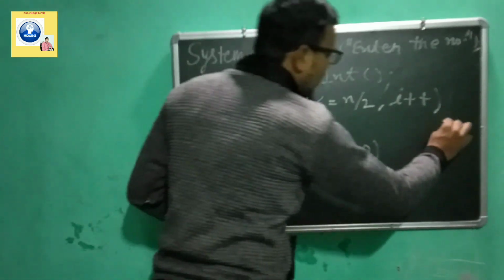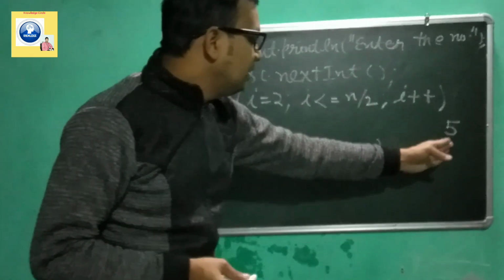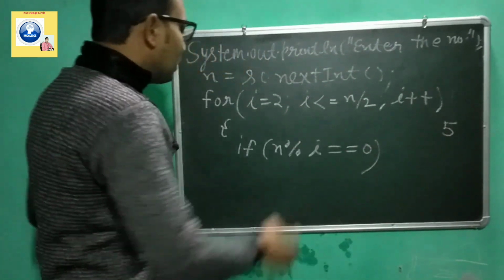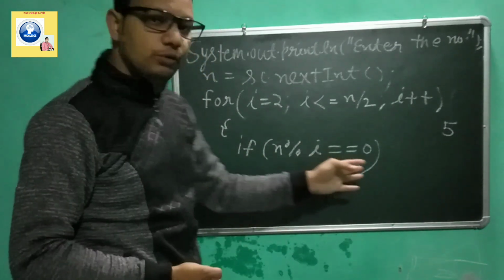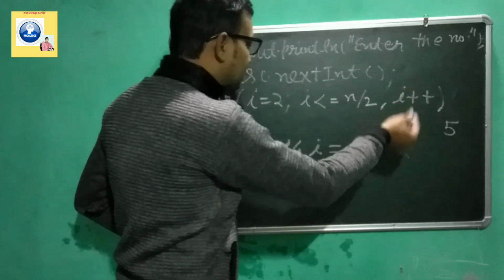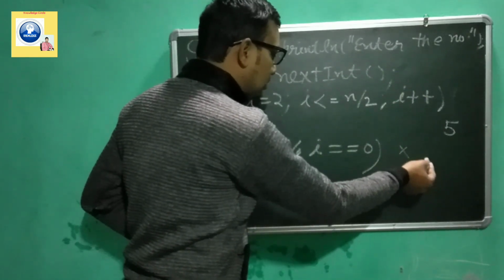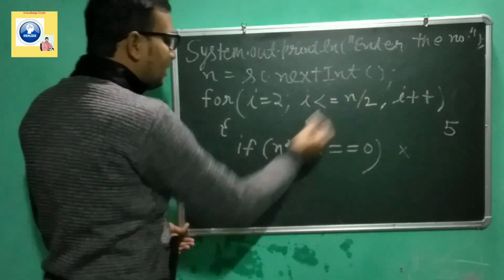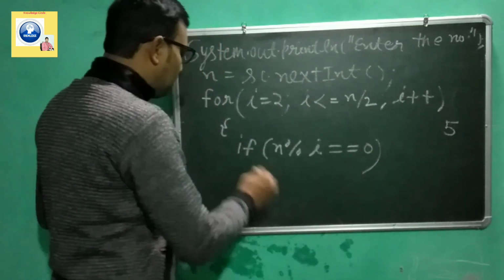Suppose we have taken the number 5, which we know is a prime number. 5 modulo 2 will leave a remainder, so this condition is false. Next is 3. 5 modulo 3, again it will be false. So if we get no remainder, if it is successfully divided, then what we have to do?